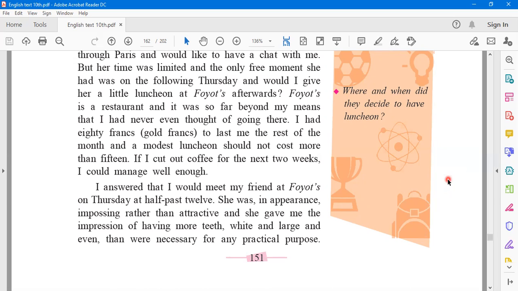Then again you have in the last paragraph where we talk about the appearance of that particular lady. How was the lady? The lady seemed to have a very good memory. Then she was imposing rather than attractive. Then you can say that she was, as we continue, we come to know that she was very talkative.